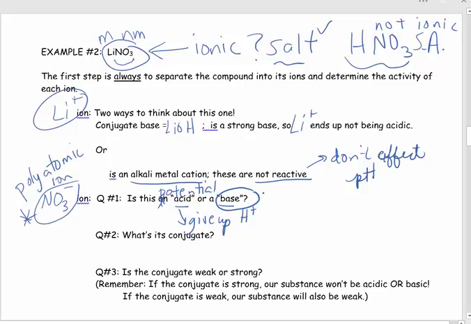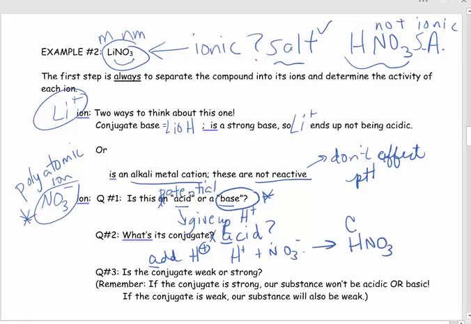So once we've identified that it's a potential base, then we need to look and see what its conjugate acid is. And remember, to get the conjugate acid, you add H+, right? And so adding an H+ to NO3 minus, of course, gives us HNO3. So this is the conjugate acid of NO3 minus.